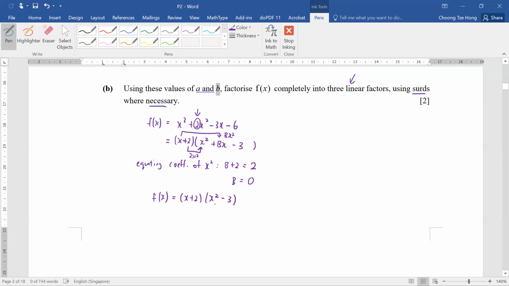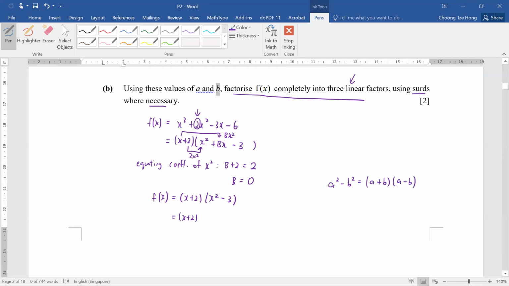So we have two factors over here, x plus 2 and a quadratic factor, x squared minus 3. You see they say to factorize completely into 3 linear factors. So over here now we have one linear factor, x plus 2, and one quadratic factor, x squared minus 3. So we need to factorize x squared minus 3 further. If you recall, if we have a squared minus b squared, the difference of squares, we can factorize it to (a plus b)(a minus b).